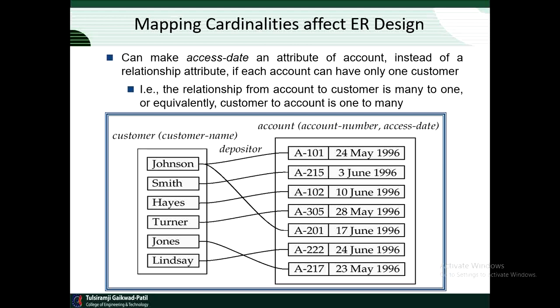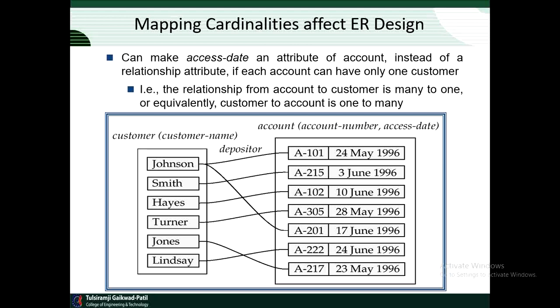Then we will see how mapping cardinalities affect ER design. How does mapping cardinality affect the ER design? We can make access date an attribute of account. We can say access date is the date taken into consideration while we are accessing the data, instead of a relationship attribute.